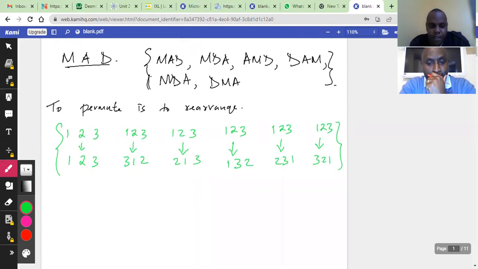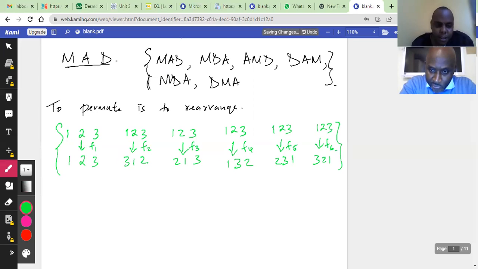So you could think of this as a function. If this is a group, you could think of each map as a function. You could call this F1, taking 1, 2, 3 to 1, 2, 3. This is F2, another function F3, another function F4, another function F5, and another function F6.